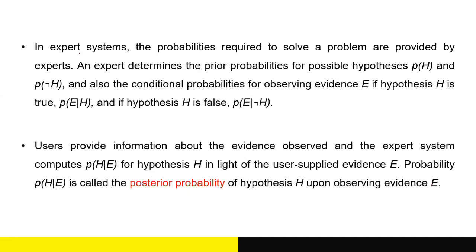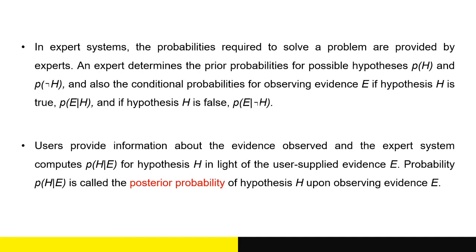So in expert systems, the probabilities required to solve a problem are provided by experts. An expert determines the prior probabilities for possible hypotheses and the probability of not hypothesis, and also the conditional probabilities for observing evidence E if hypothesis H is true, which is the probability of evidence given hypothesis, and if hypothesis H is false, so the probability of evidence given not hypothesis.